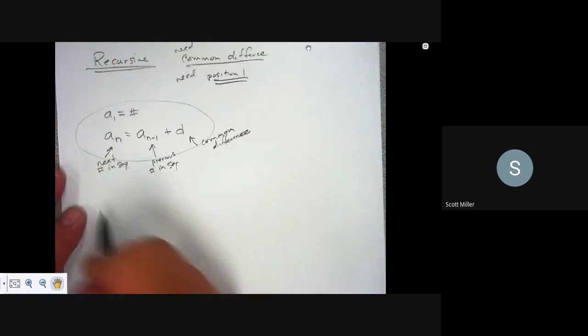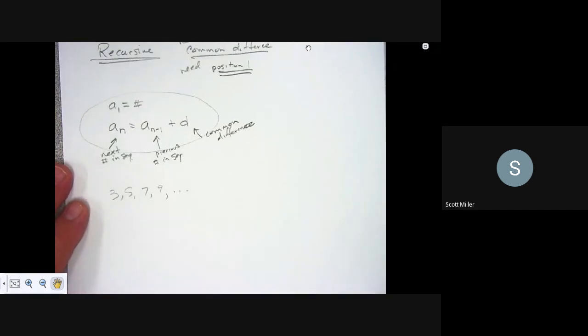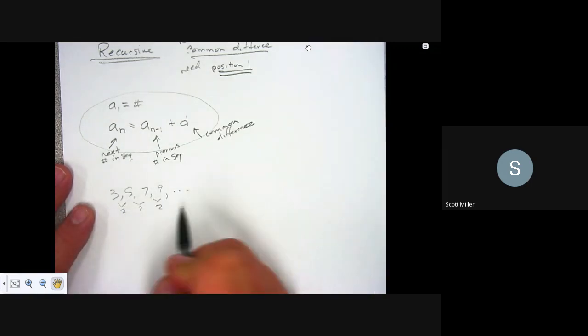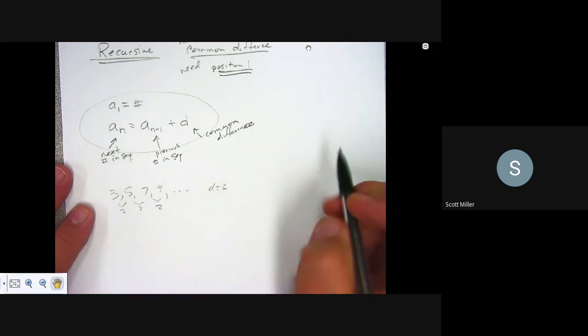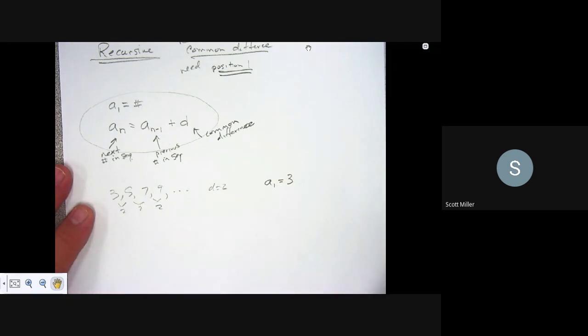So in the sequence we just did, with the 3, the 5, the 7, the 9, and so forth, the recursive rule for this sequence, which we know has a common difference of 2, so d equals 2, I would write a sub 1 equals 3. That is my starting position.